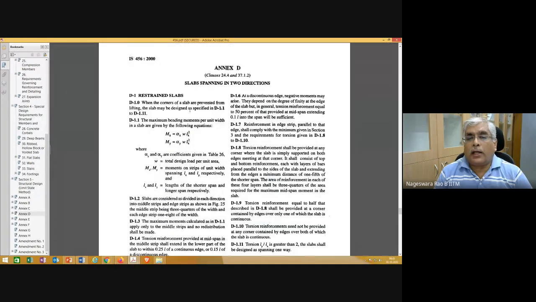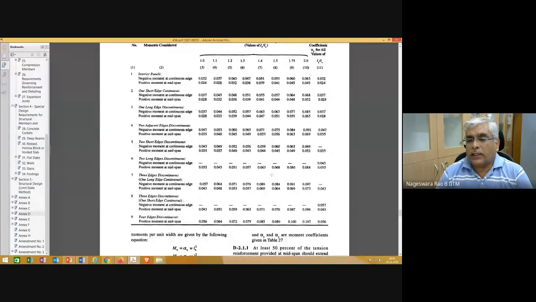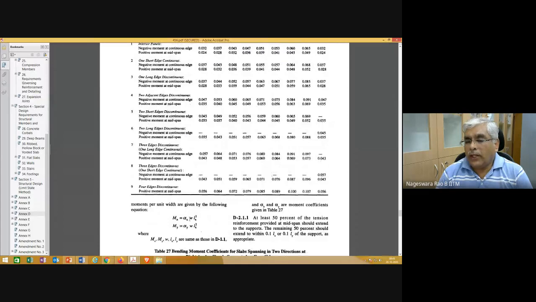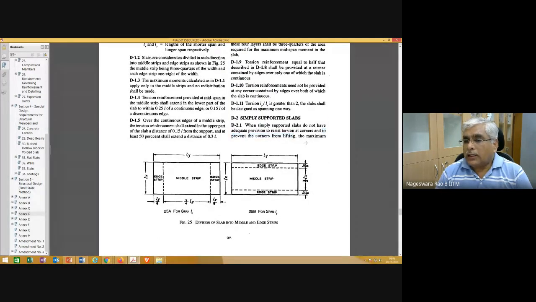D1 is for the case when the corners are prevented from lifting, and D2.1 covers how to design slabs in which there is no provision to prevent corner lifting.